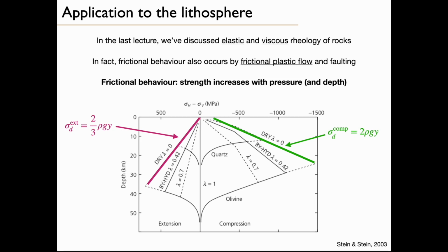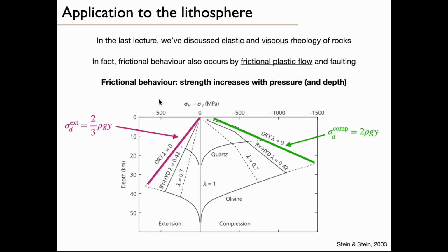And we've also discussed frictional plasticity and faulting. What is important to remember from this lecture is that in the frictional behavior, we have a specificity. The strength and the pressure are different in extension or in compression, and they also evolve in a different manner with regard to depth.